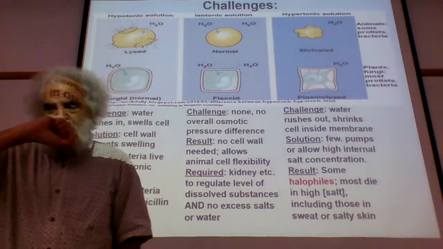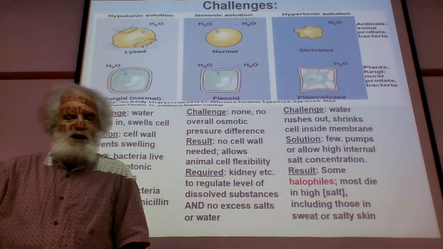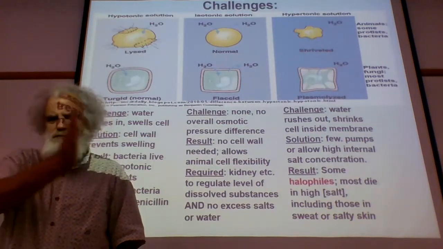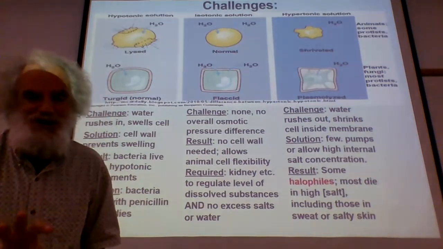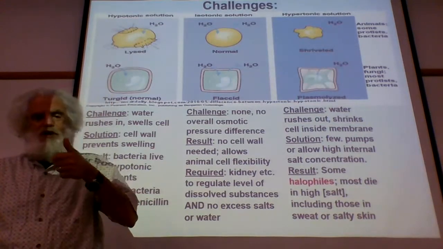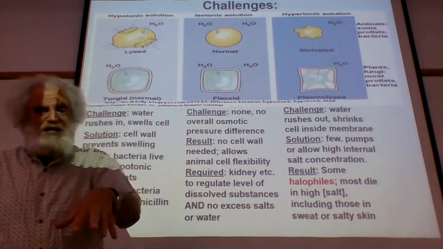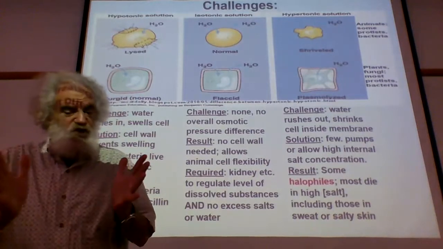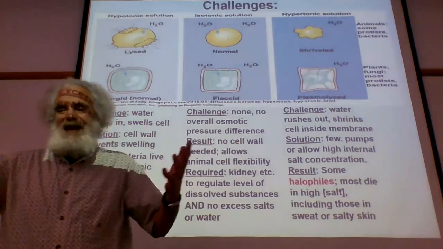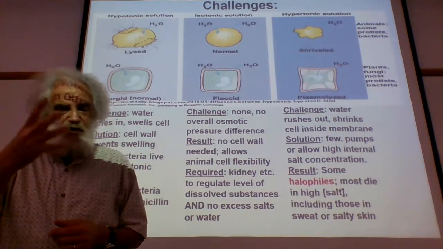All right. Then we've got the other side of this coin, the hypertonic solution, in which we've got a really high salt concentration that you throw the cells into. You throw red blood cells into a hypertonic, high salt solution, the water follows salt, water moves out, and that's going to start screwing up the cell concentrations.